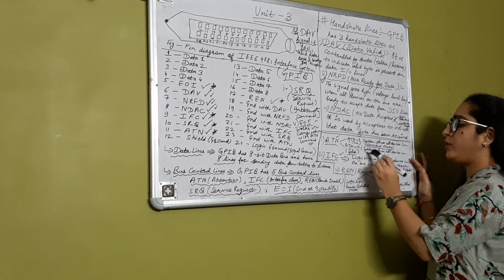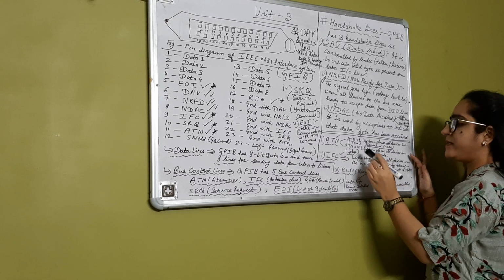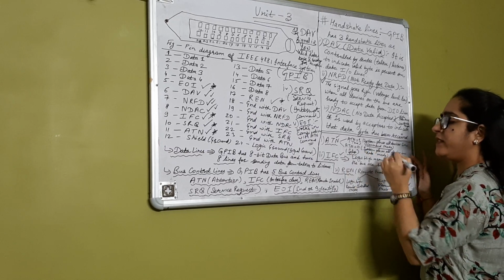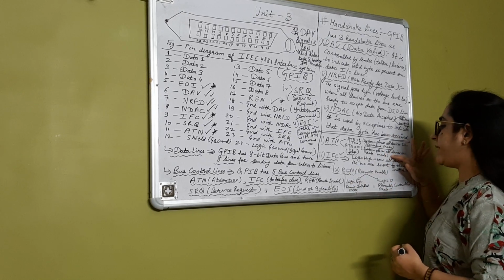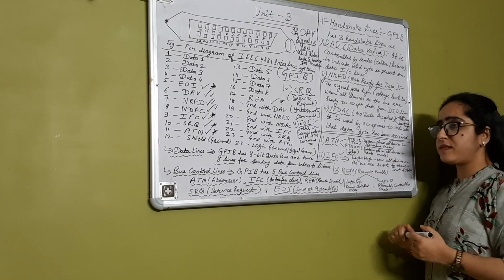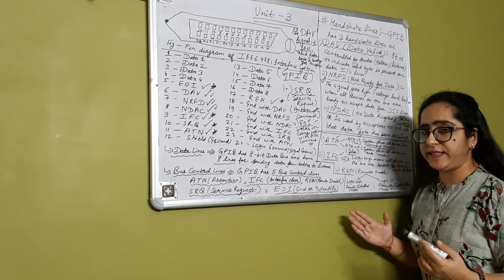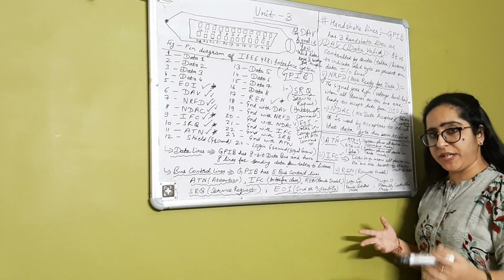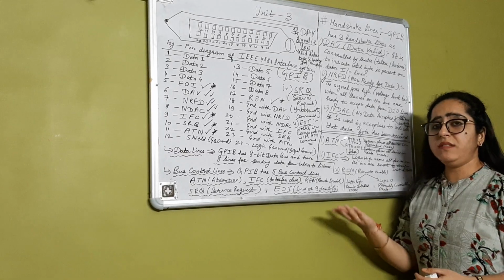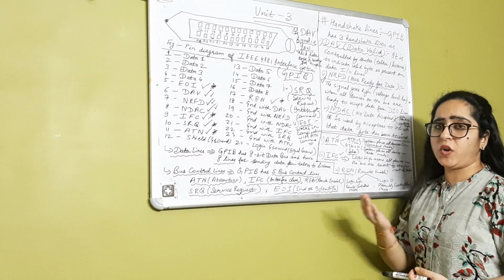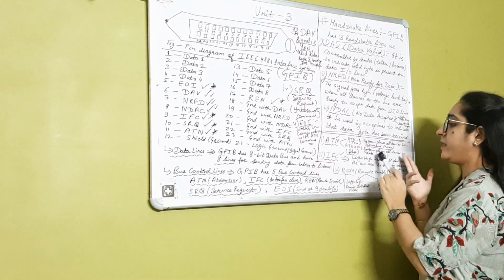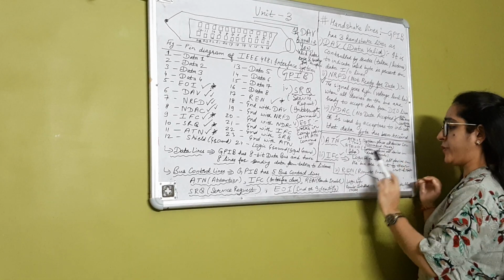Now when ATN is equal to 0, or false, the system places all the devices in the data mode. Data mode means the talker can send data on the data bus, and the receiver has to receive and read that data or those instructions.